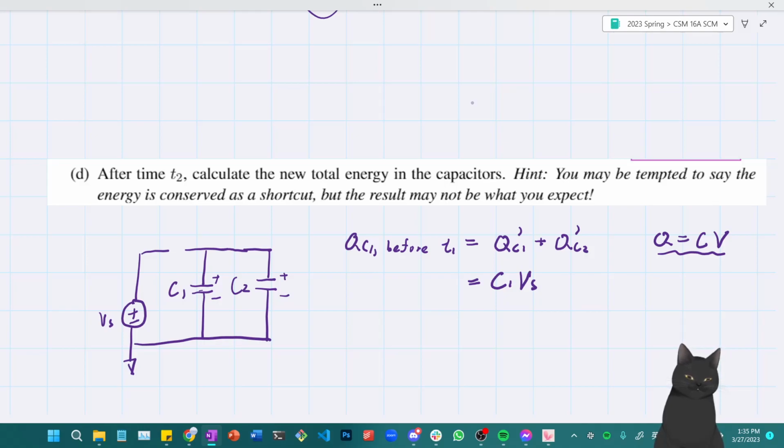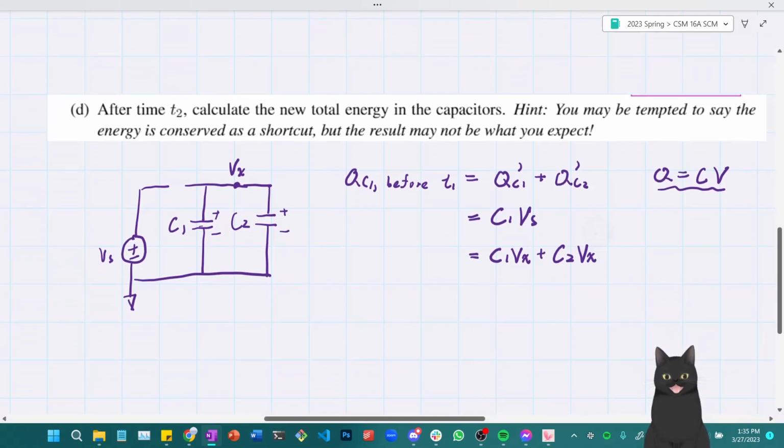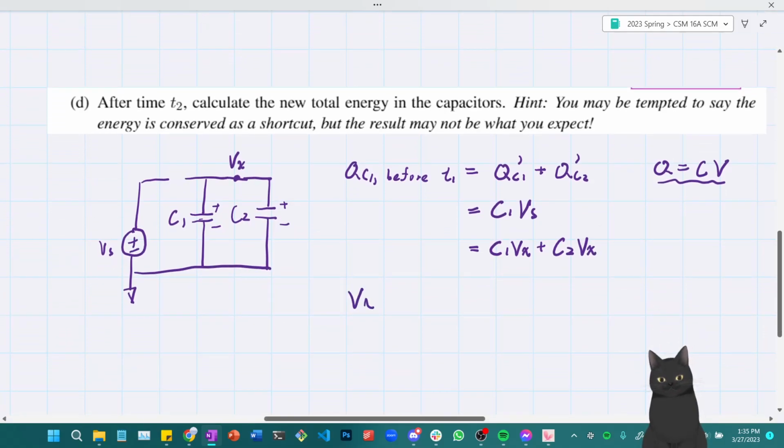Furthermore, what we can see is that the amount of charge across the new circuit, which is QC1 prime plus QC2 prime, is equal to, if I call this amount of voltage here Vx, C1 Vx plus C2 Vx. So actually, in the end, I get that Vx is equal to exactly C1 Vs over C1 plus C2.